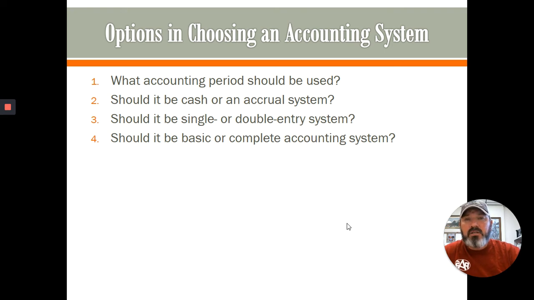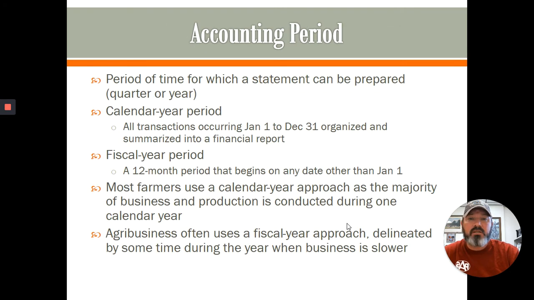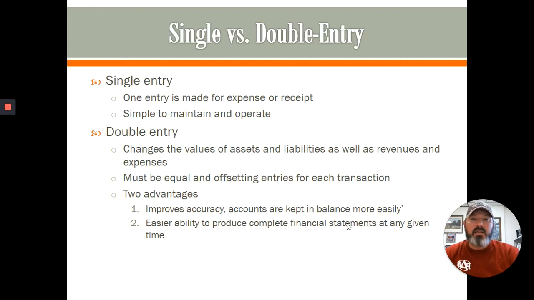Some of this is just simple personal preference in terms of how you want to approach your farm business management or agribusiness management accounting system. Let's look at a few things. I mentioned the calendar year versus fiscal year and explained that fairly closely. Farmers, again, most of the time are going to use just the typical calendar year approach. Agribusinesses oftentimes use a fiscal year approach, delineated somewhere where that cycle starts and ends.